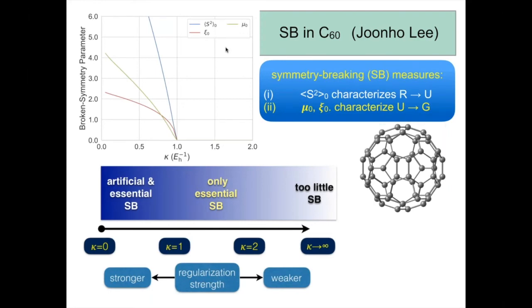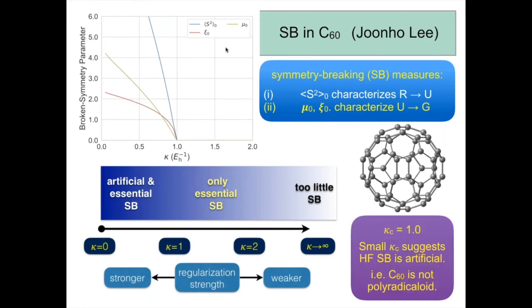So what does this mean? Well, it means that strong regularization is enough. PT2 with strong regularization is enough to restore the broken symmetry. And that suggests that the Hartree-Fock symmetry breaking is not essential, but in fact is artificial, and therefore that C60 is in fact not a polyradicaloid molecule as probed by kappa MP2.